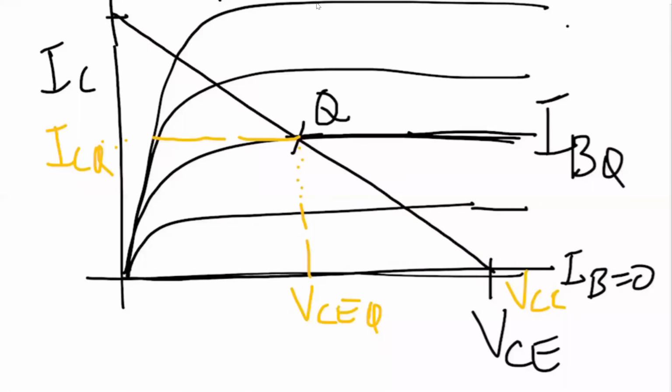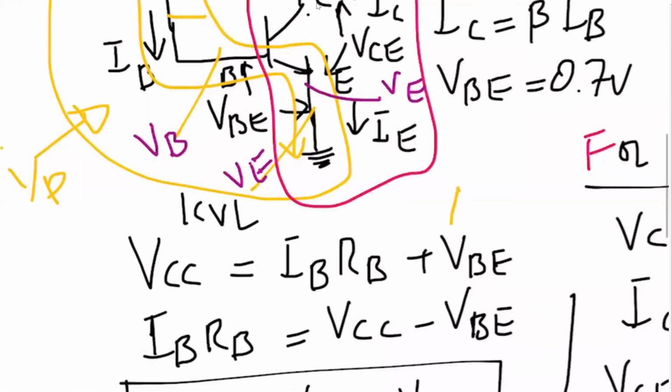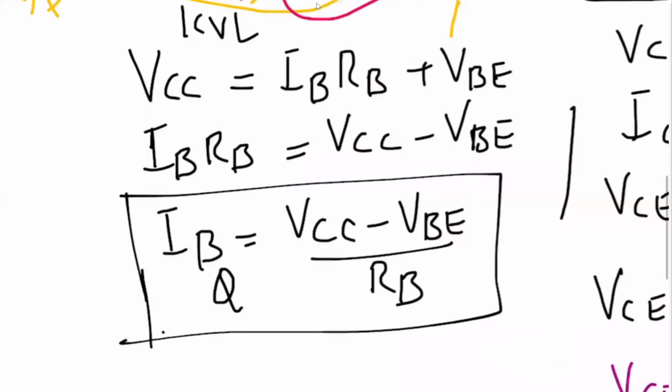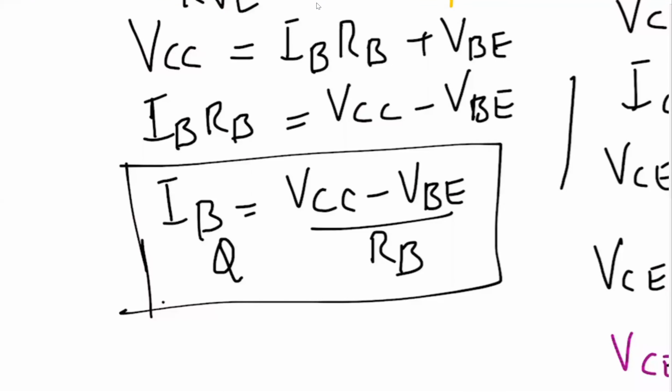And similarly, if I change the value on the input side, previously I said it was, let's suppose, IBQ. Now due to the variation in, let's suppose, VCC, right? Due to the change in the biasing potential, we can actually have a change in IB, or due to the change in the RB resistor over here, right?